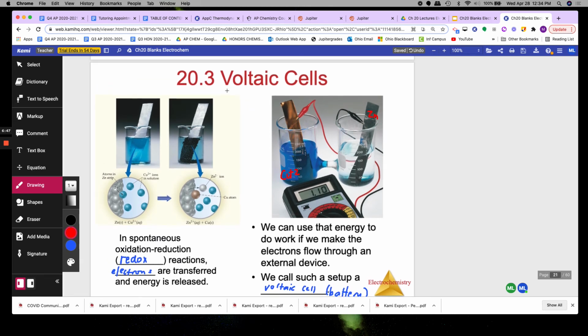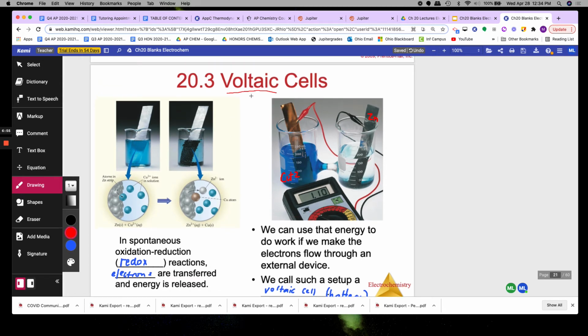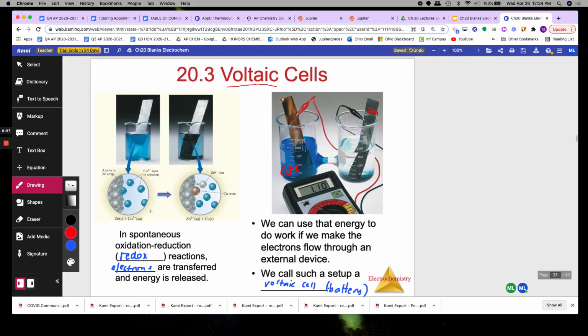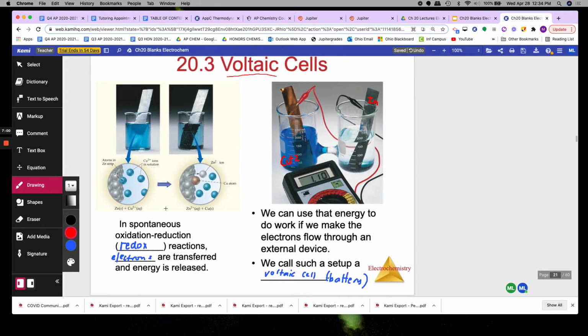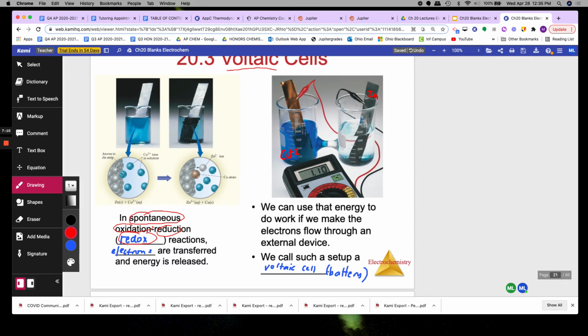Another word for a battery is a voltaic cell. The reason they call it voltaic is because Alessandro Volta, his last name is Volta, came up with it. Okay, so a voltaic cell must be spontaneous, obviously. It has to be oxidation reduction. One has to give away the electrons, one has to take it, a redox reaction for short, and it's a transfer of electrons.